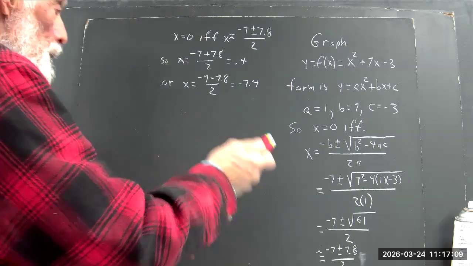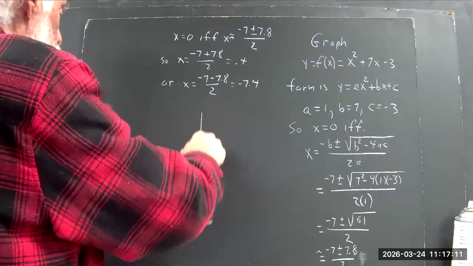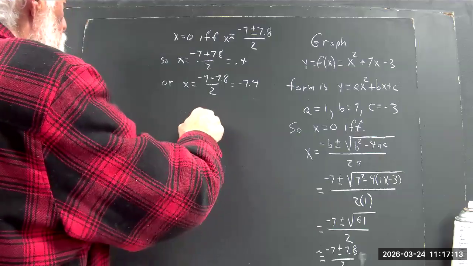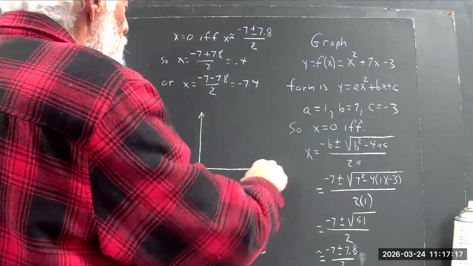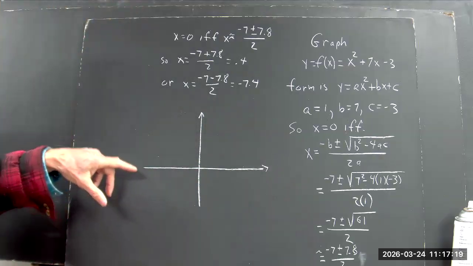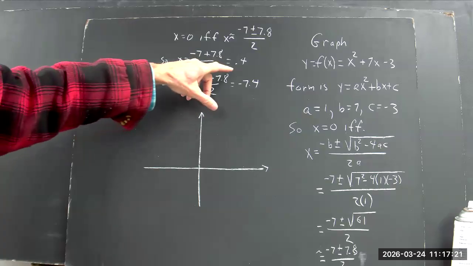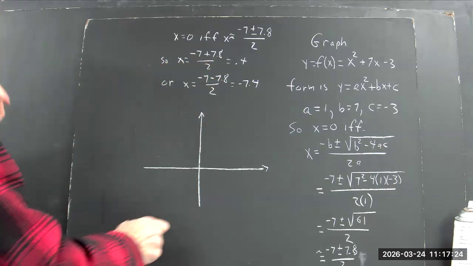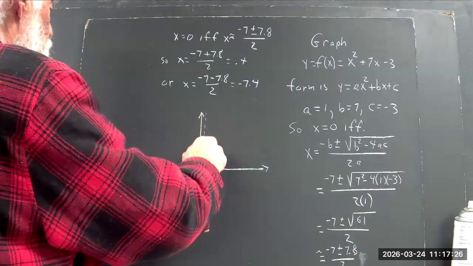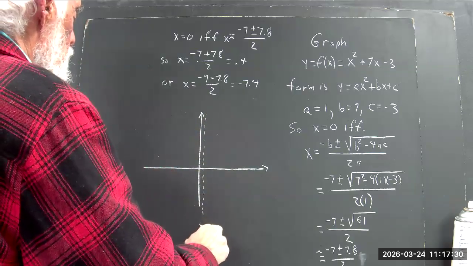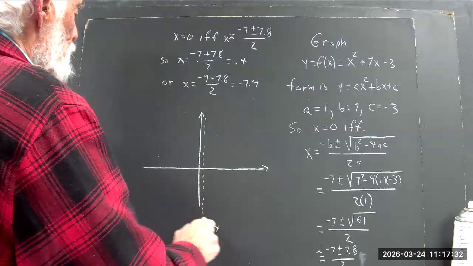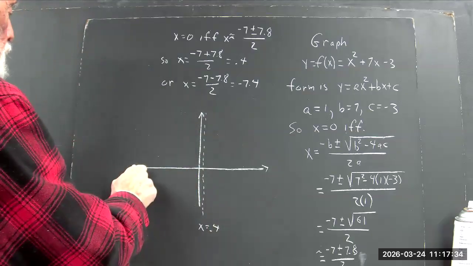So now we can begin to sketch a graph. We found the zeros. We found where y equals 0. Okay, y equals 0 if x is 0.4. So I'm just going to sketch a vertical line here and label it x equals 0.4. That's a line pretty close to the y-axis.